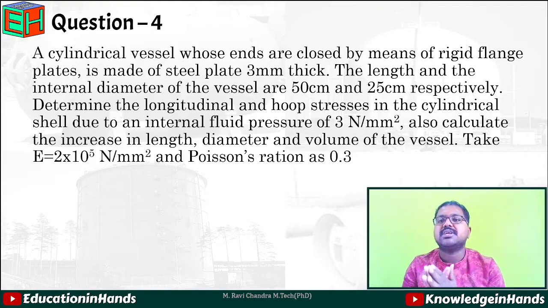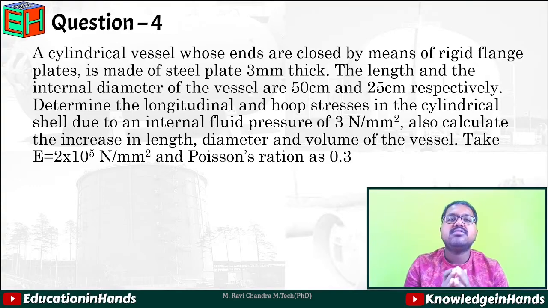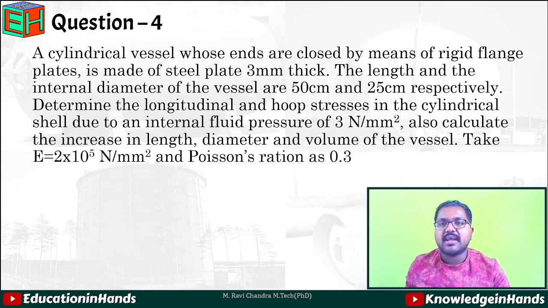The question is given like this: a cylindrical vessel whose ends are closed by means of rigid flange plates is made up of steel plate 3 mm thick. So here a cylindrical vessel is prepared, and that steel vessel has a plate thickness t equal to 3 mm.